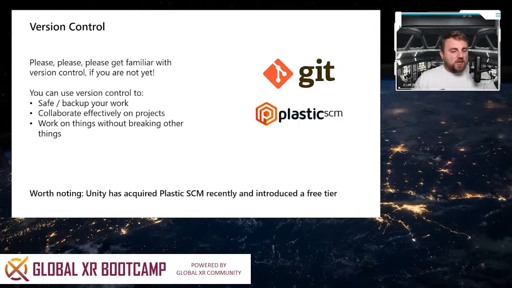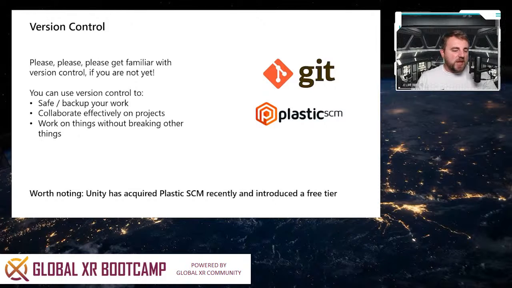Unity has recently acquired Plastic SCM, which is a version control system optimized for game development. I haven't tried it myself yet, but they have a free tier now since Unity bought them, and you can give them a try. Compared to Git, which is another open source version control system, Plastic SCM comes with some optimized workflows, for example for artists who don't want to get too much into details that are only relevant to developers, and so on and so forth.